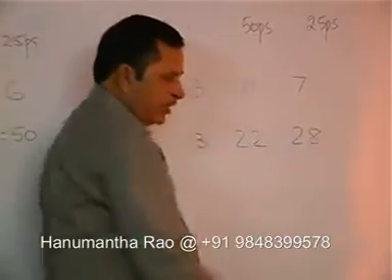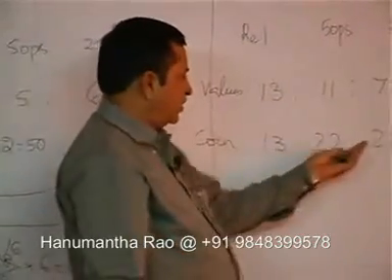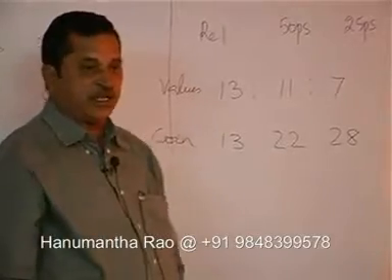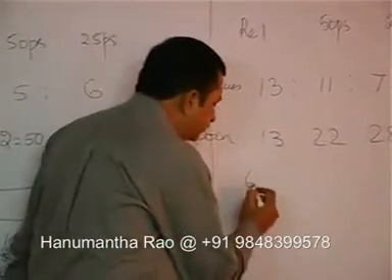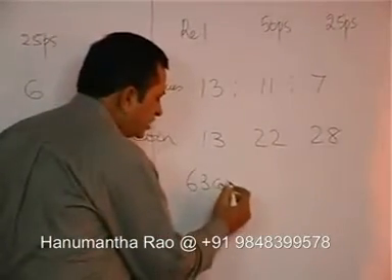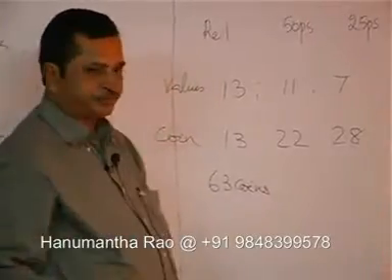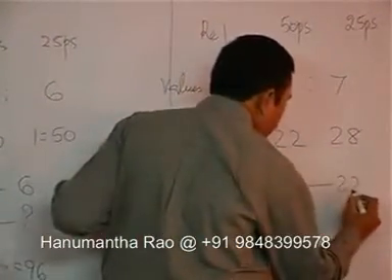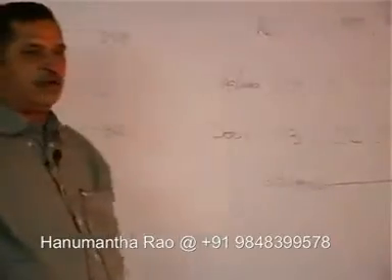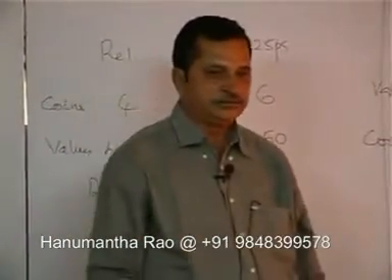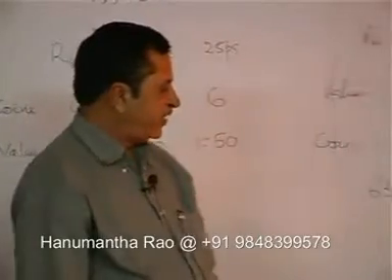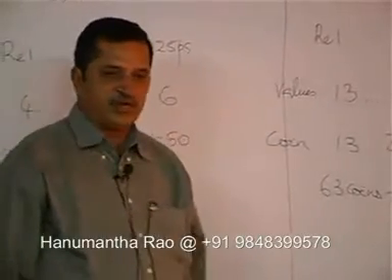So totally, 28 plus 22 is 50, plus 13, 63 coins. In 63 coins, how many 50 paise coins are there? 22.